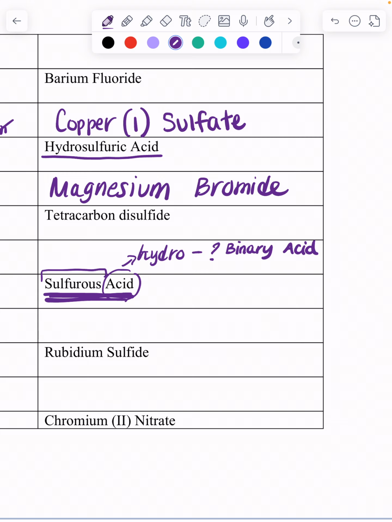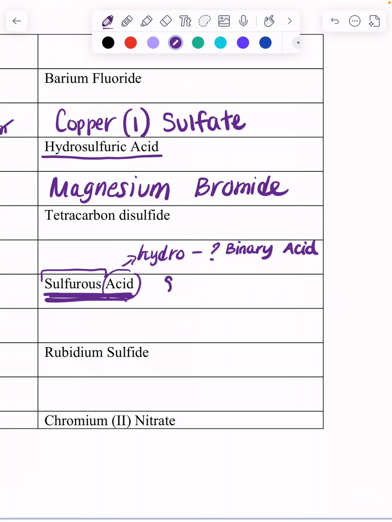Okay, could it be something with sulfur? It could be SO4, could it be SO3, or SO2. Not really sure, but that's what we have to figure out.